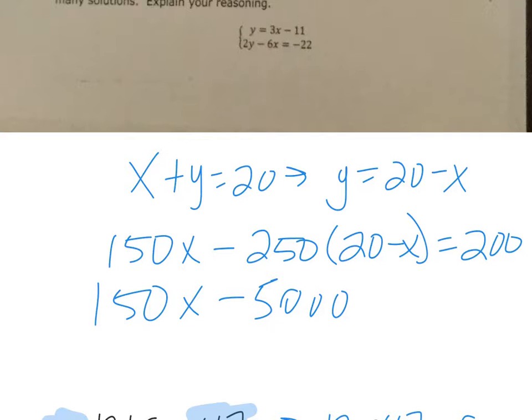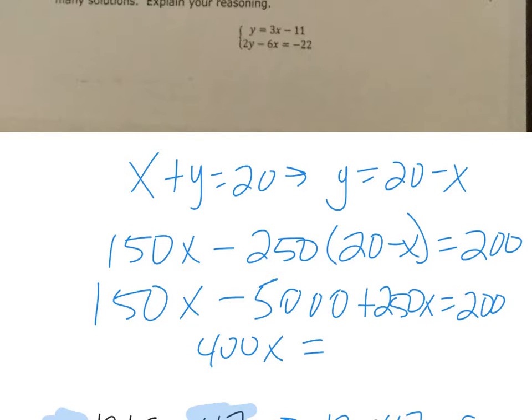Was doubting myself there for a moment. Plus 250x equals 200. So 150 plus 250 is 400. And 5,000 plus 200 is 5,200.